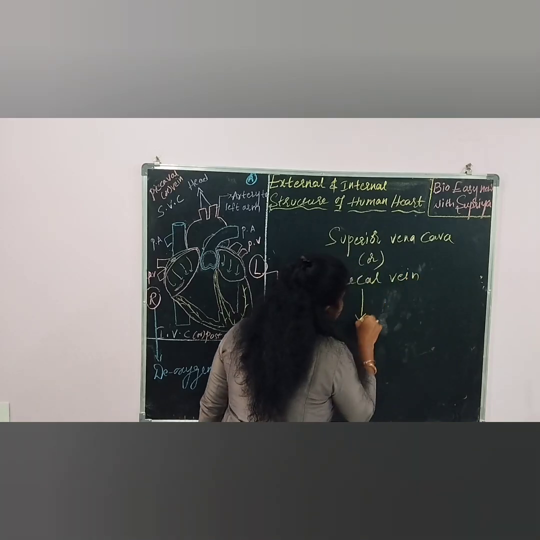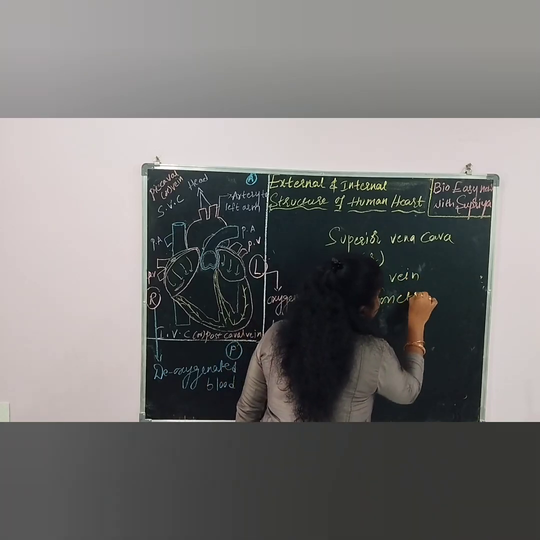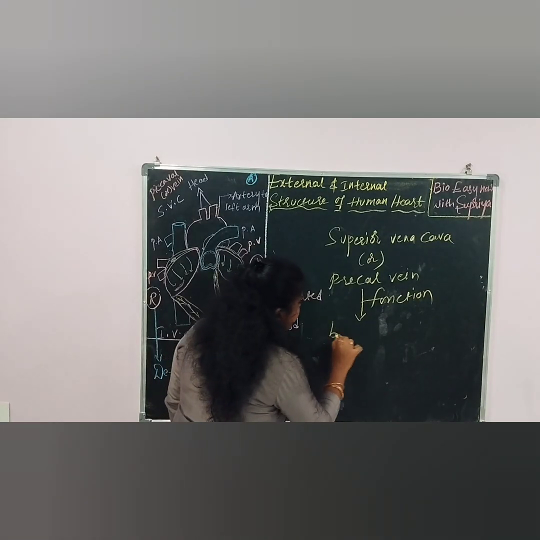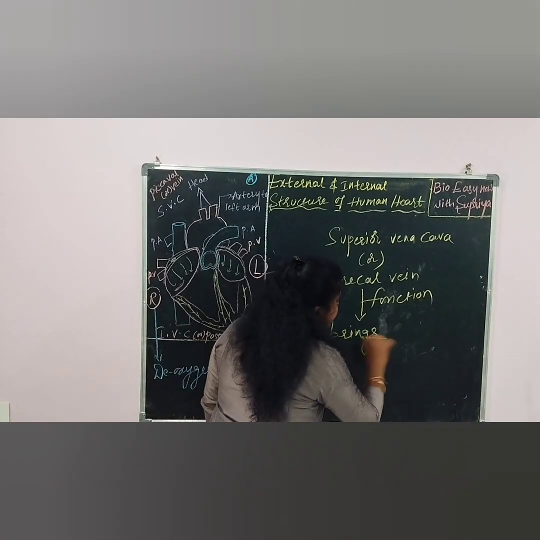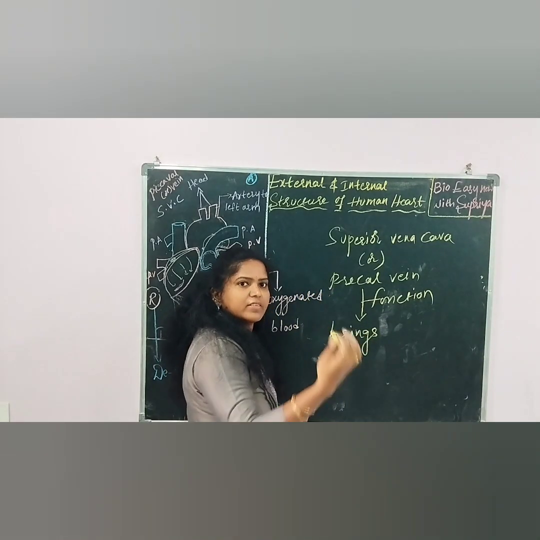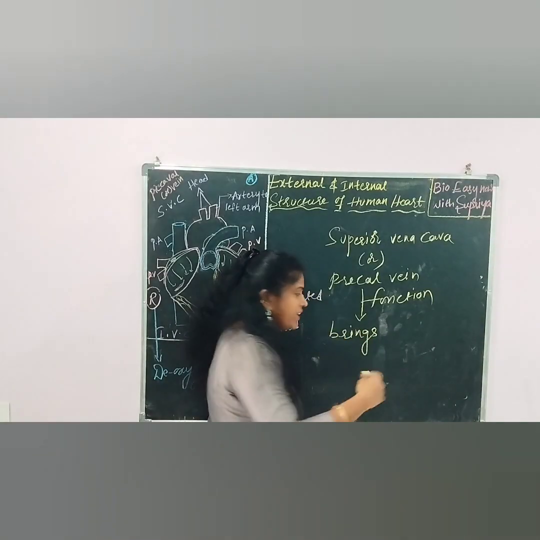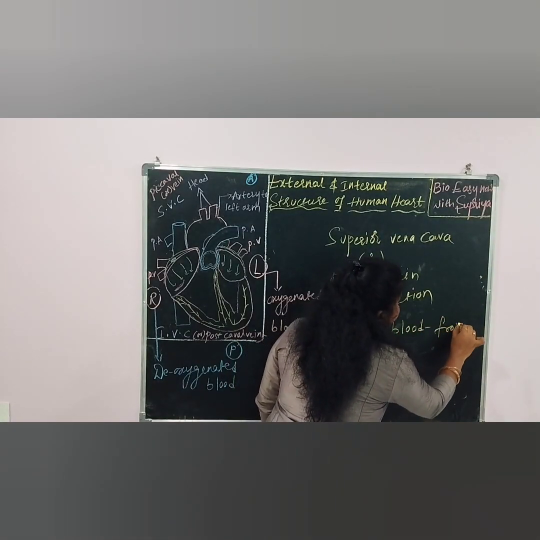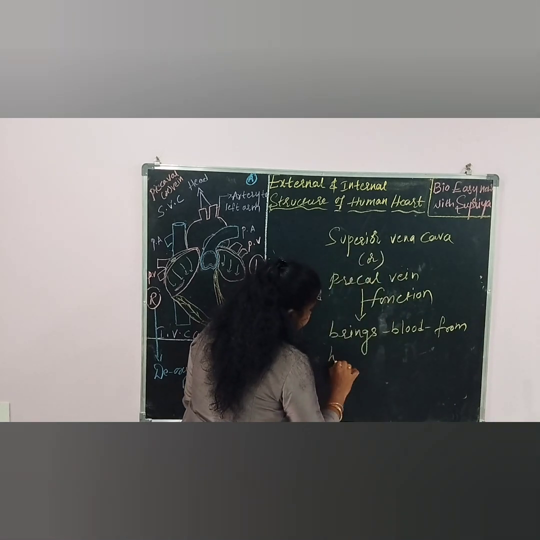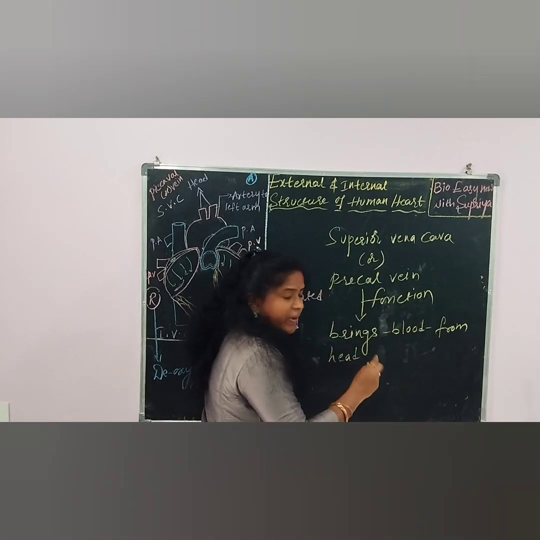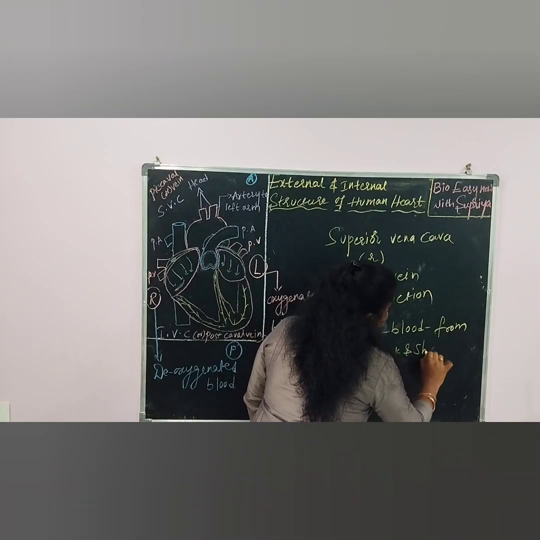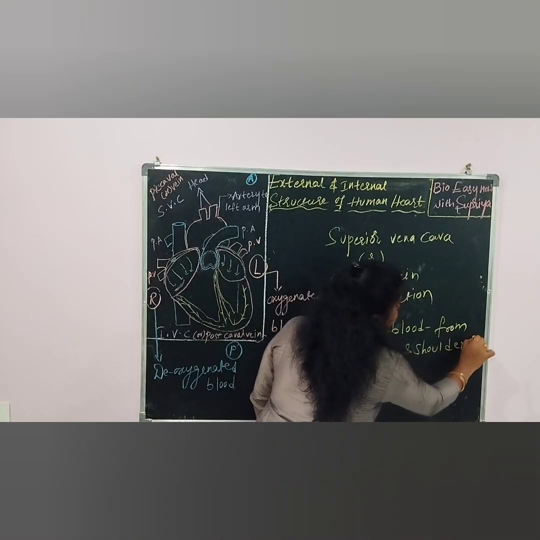What is the function of the precaval vein? It collects and brings blood from the head, the upper parts: head, neck and shoulder.